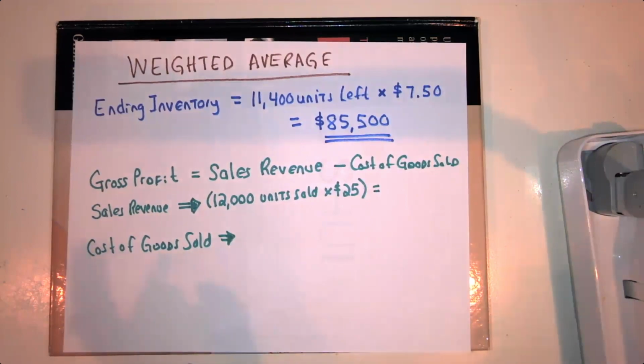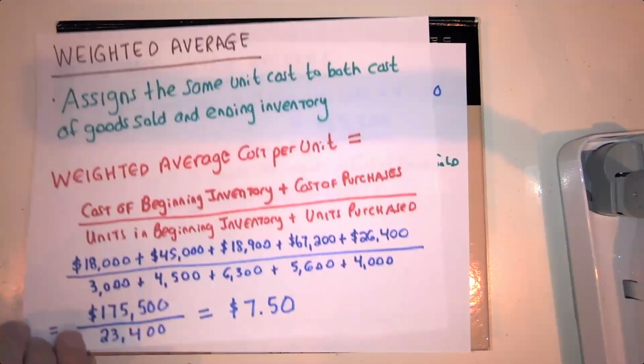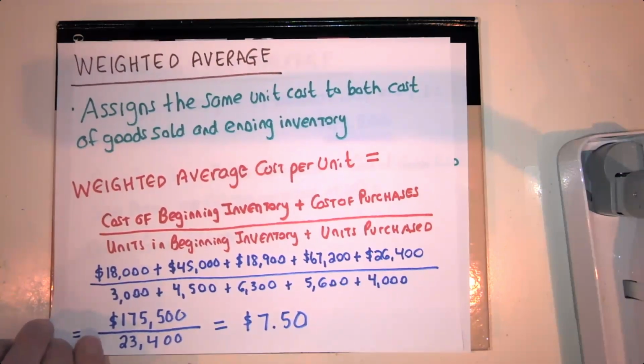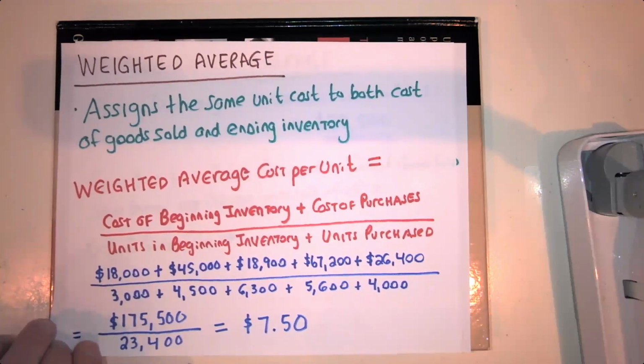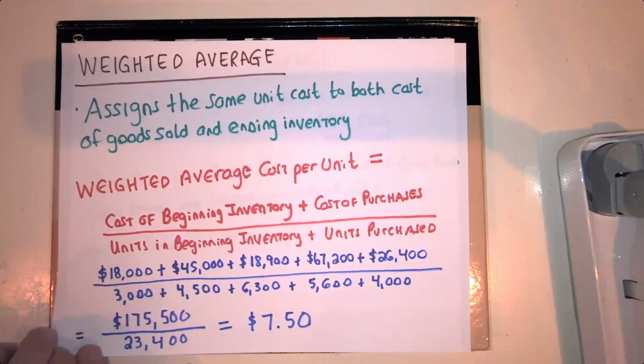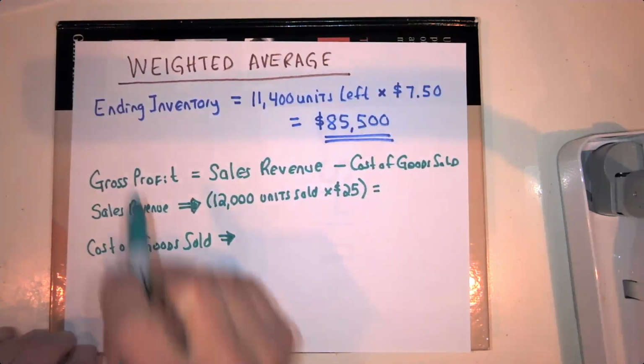Matthew, I'm hearing from you a lot tonight, but that's good. Tell me how to calculate cost of goods sold. So you would take the units sold, which is 12,000, multiplied by the weighted average per unit of $7.50. Sounds like an answer to me. Good job, Matthew. Well done. Isn't this what Chloe did right here?